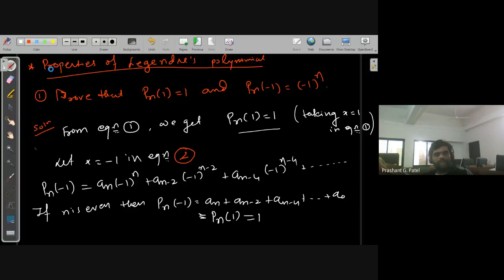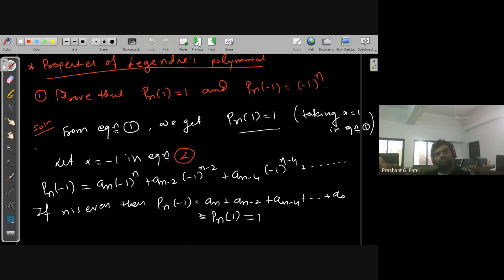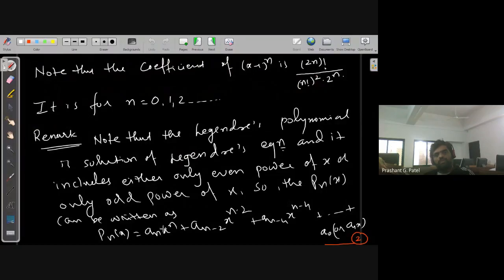Next, if n is an odd number, then what is Pn of minus 1? As per the definition of Pn of x, which we have from equation 2, you substitute x equal to minus 1 here.